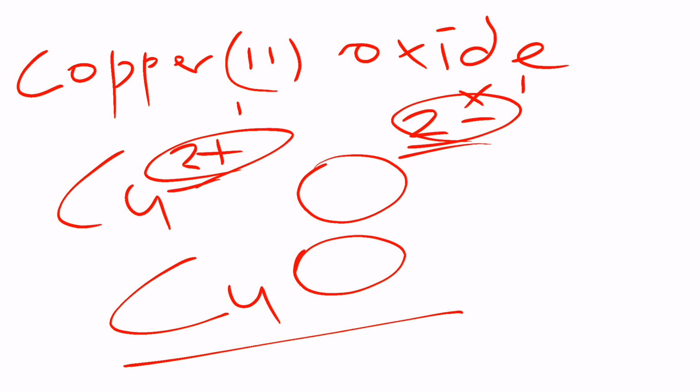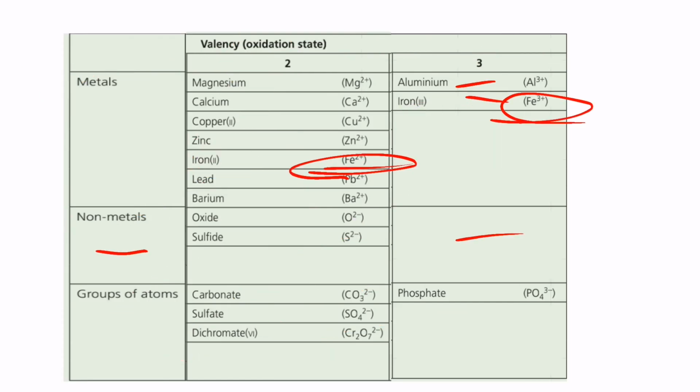But if we take one which has got a valence of 2 and another one which has got a valence of 3, then that is when we need to combine. So let's take iron 3+ and oxide. Let's take iron 3 oxide or iron 3 sulfide.